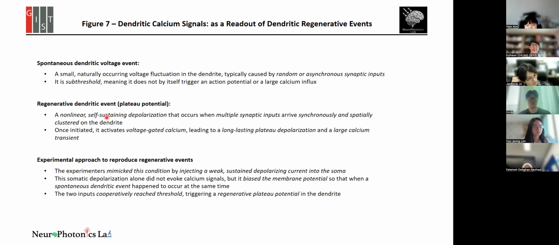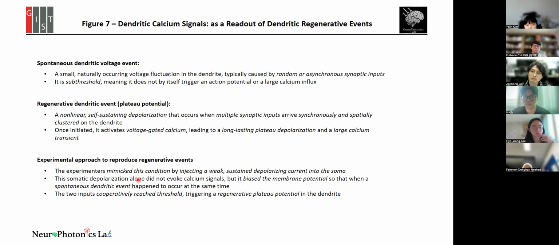And it happens when multiple synaptic inputs arrive synchronously and in a spatially clustered way, activating voltage-gated calcium channels. And this leads to the long-lasting plateau depolarization and the large calcium signal.